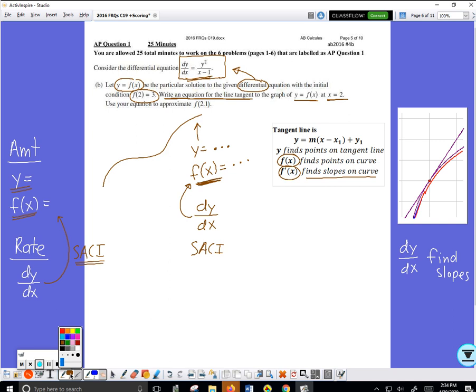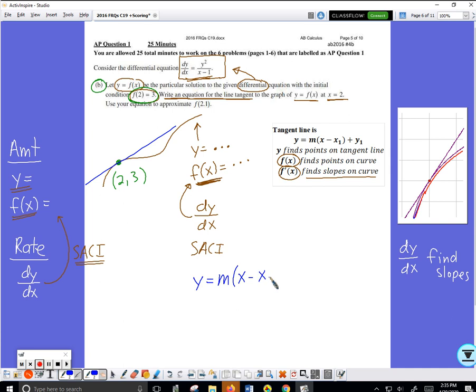So what we're really doing in part B here is there's a point here, the x-coordinate is 2, the y-coordinate is 3, it told us right here, and we want to create an equation for this line that happens to be tangent to that point.